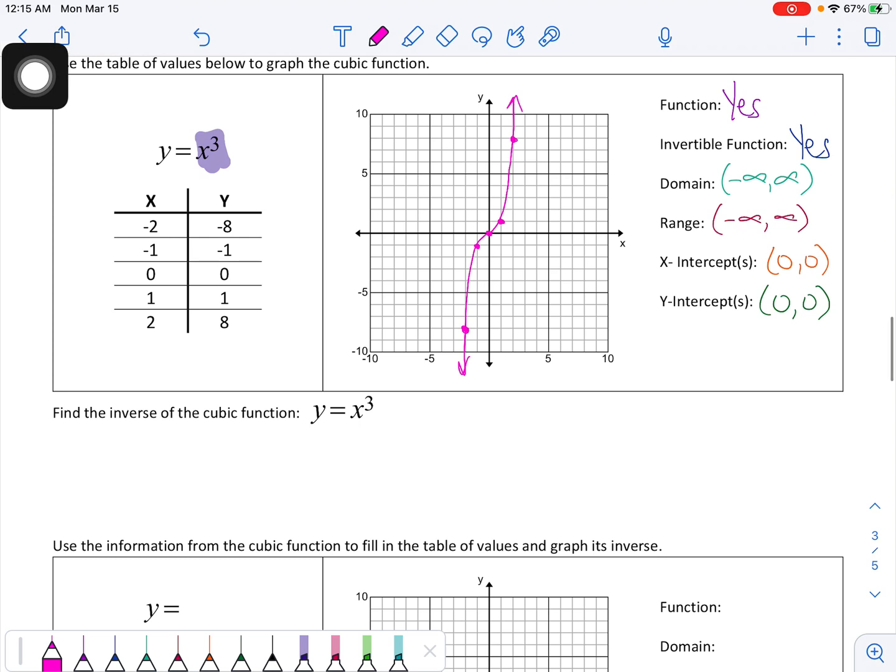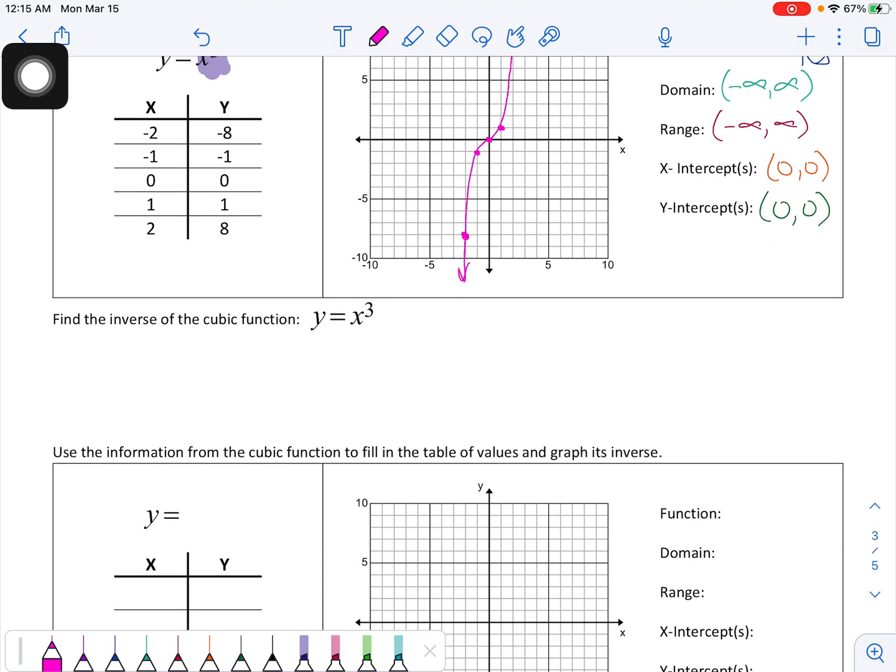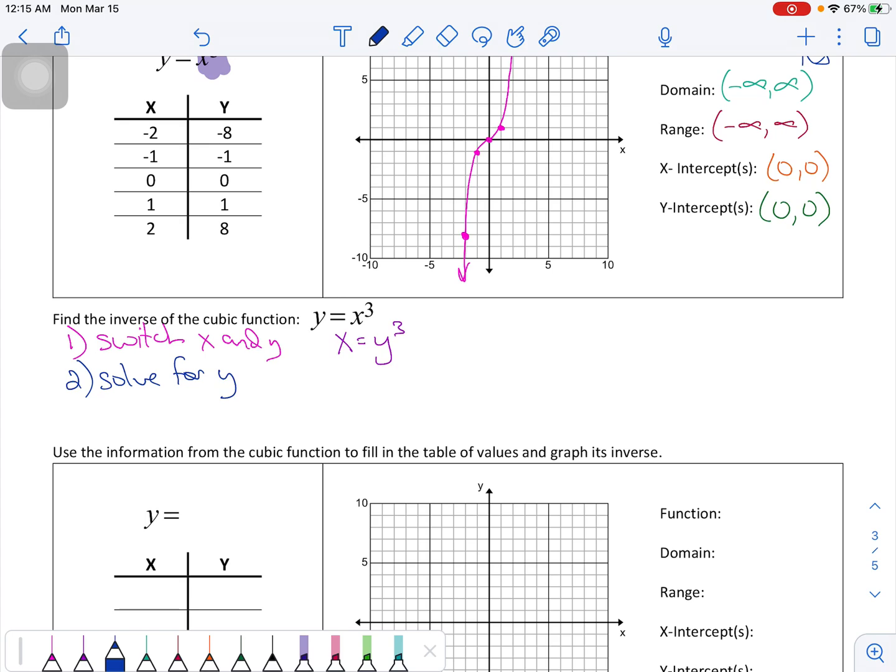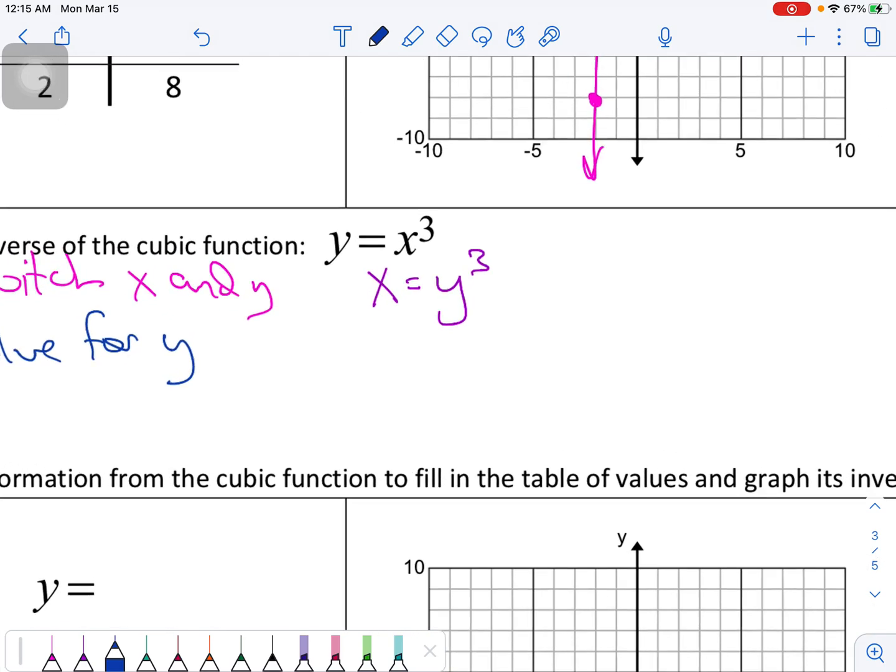Let's take a look at finding the inverse of the cubic function. So step one is going to be to switch x and y. So actually I'll change color here. Let's see, x is equal to y to the third. And now step two is going to be to solve for y.